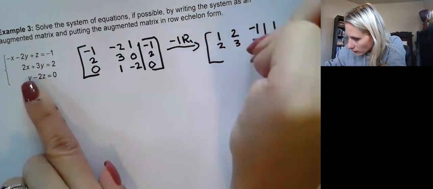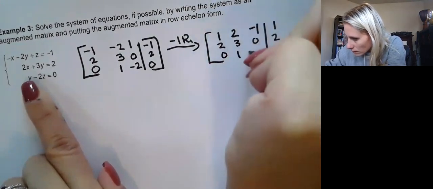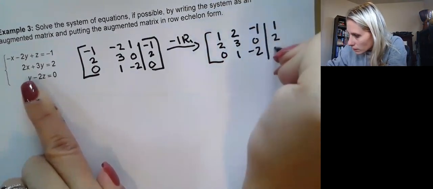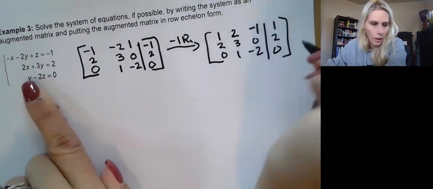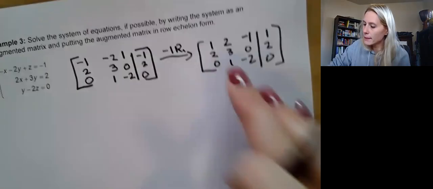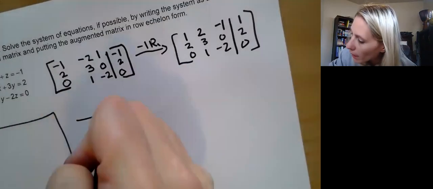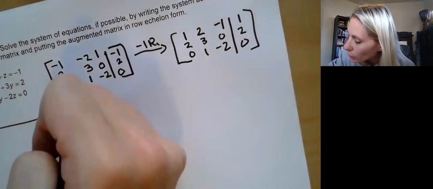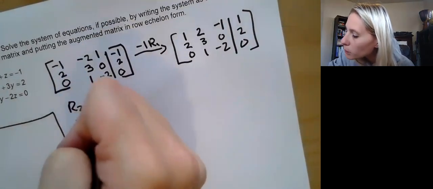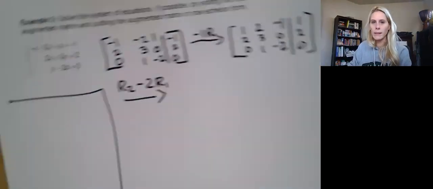Fill in the rest. All right, perfect. Now what? Well, I need this to be 0. How am I going to do that? My sidebook here. I am going to take row 2 and subtract 2 of row 1, and that will give me my 0.